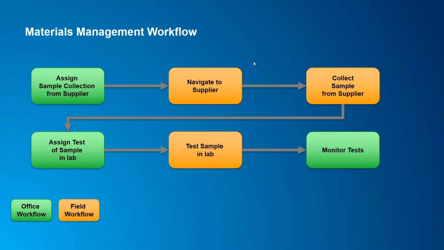And then once that sample is created, that gets assigned to someone in the lab to process. Once that sample has come back to the lab, it gets assigned to someone in the lab. The person in the lab does their tests, and they record that information for their tests. And then at that point, that entire cycle is complete.